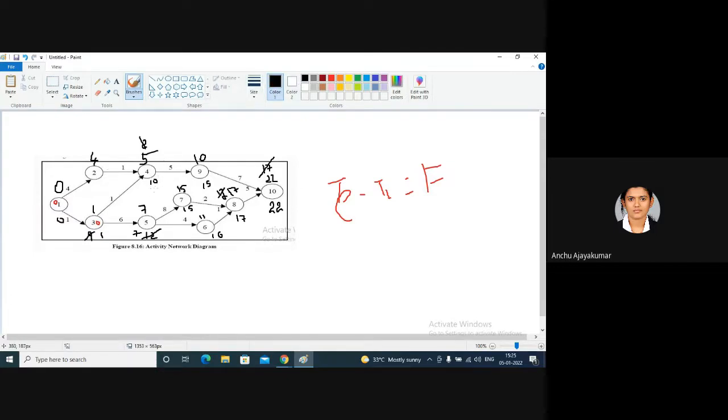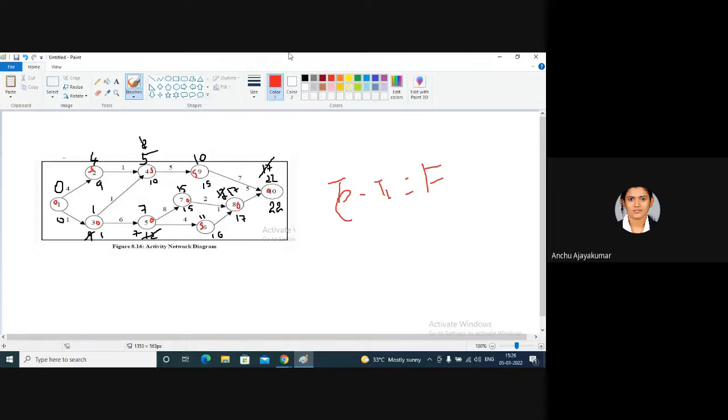Here we have 10. 10 minus 1, this is 9. 9 minus 4, you have 5. 10 minus 5, you have 5. 7 minus 7, you have 0. 15 minus 15, you have 0. 15 minus 10, you have 5. 11 minus 6, you have 5. 17 minus 17, 0. 22, 0.